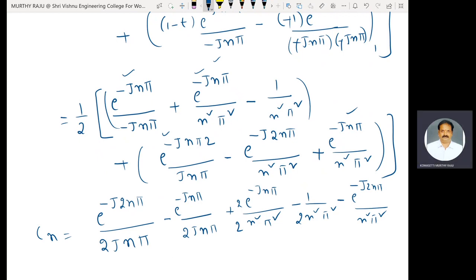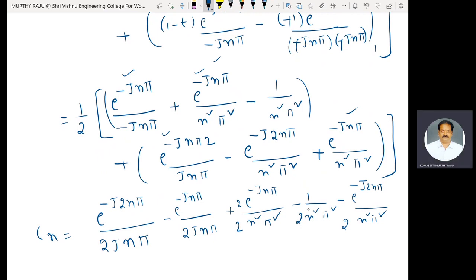Now calculate C minus n. The C minus n value, here 1 by 2 is also there. Cn is equal to e power minus j 2n pi by 2j n pi minus e power minus j n pi by 2j n pi.